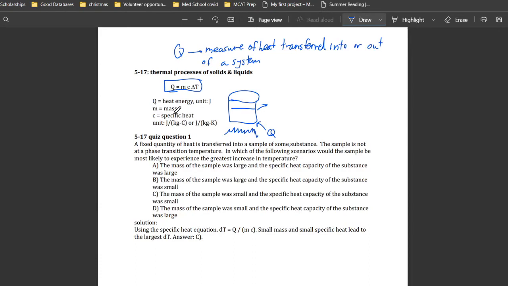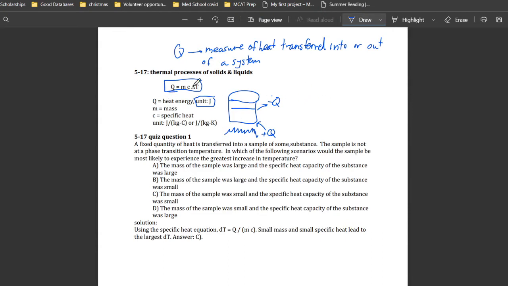Or it could be the measure of energy lost to the environment, so negative Q. So a positive Q would denote an increase in heat energy, energy being put into the system. And a negative Q would be denoted by heat being lost by the system. And of course, this is in the units of joules because Q is a form of energy, heat energy.